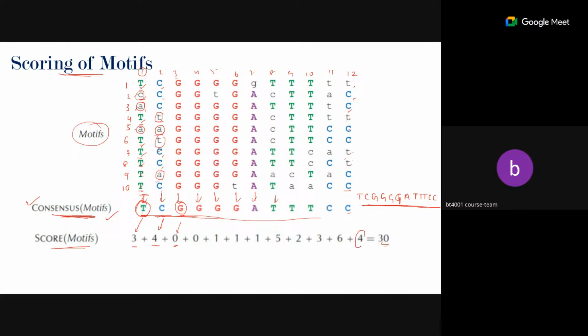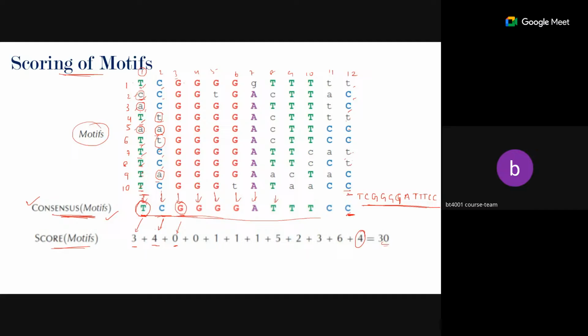That is why we are having a 4 over here. Okay, so this is one way. We take the position of the consensus and then we count the number of motifs which do not match up with the majority nucleotide at that particular position.